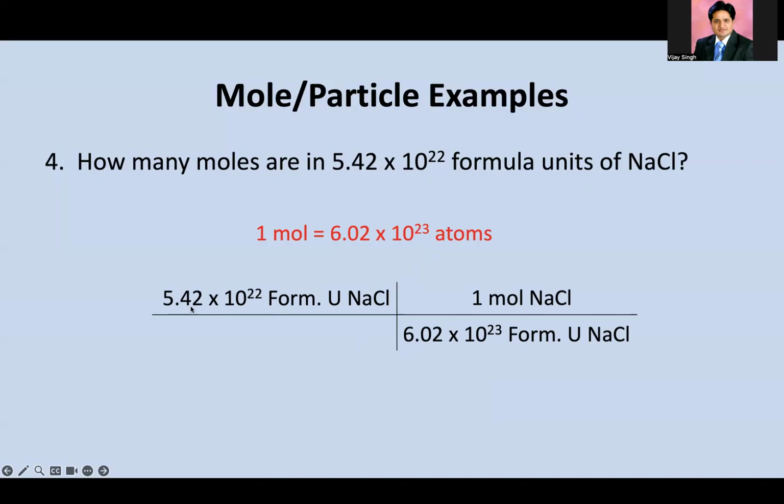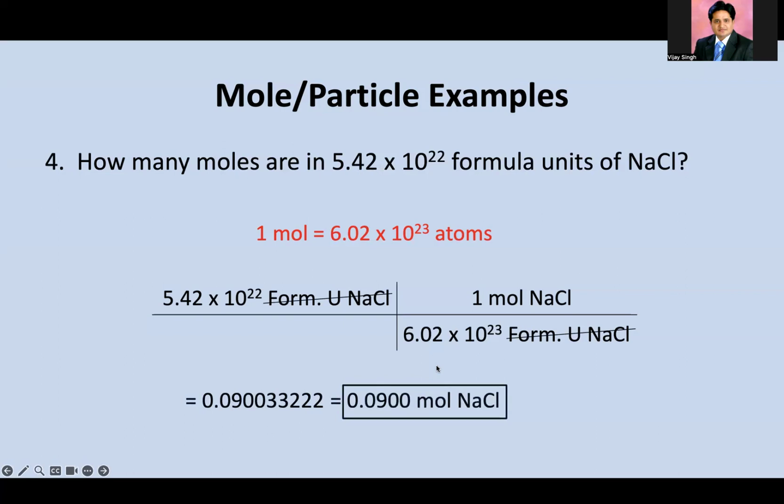So you have 5.42 times 10 raised to the power 22. You divide that by 6.02 times 10 raised to the power 23, and that gives your answer as 0.09 moles of NaCl.